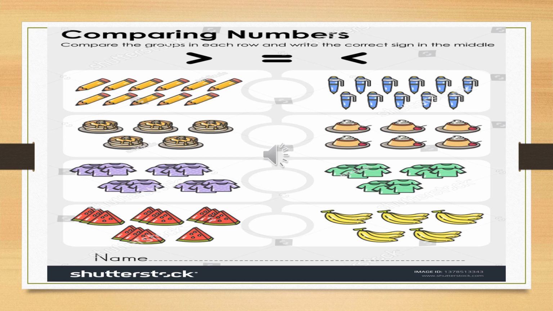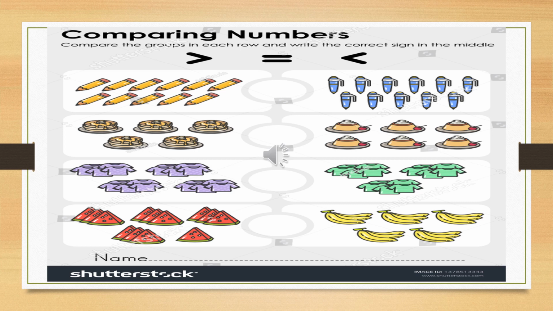How many pencils are there? 1, 2, 3, 4, 5, 6, 7, 8, 9, 10, 11. 11 pencils. And in the opposite, how many tops are there? 1, 2, 3, 4, 5, 6, 7, 8, 9, 10, 11. It means there is an equal number of pencils and tops. So we will put the sign of is equal to in the middle.